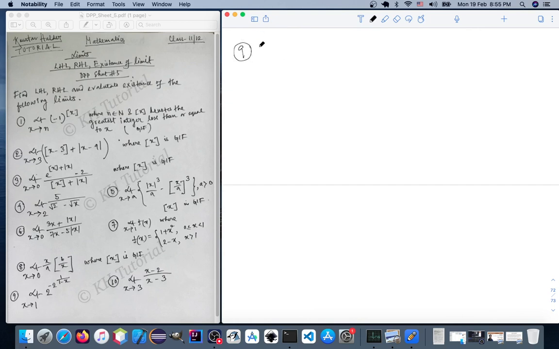Problem number 9. The f(x) given is 2 to the power minus 2 to the power 1 by 1 minus x, and we are to check the limit of this function at x equals 1.